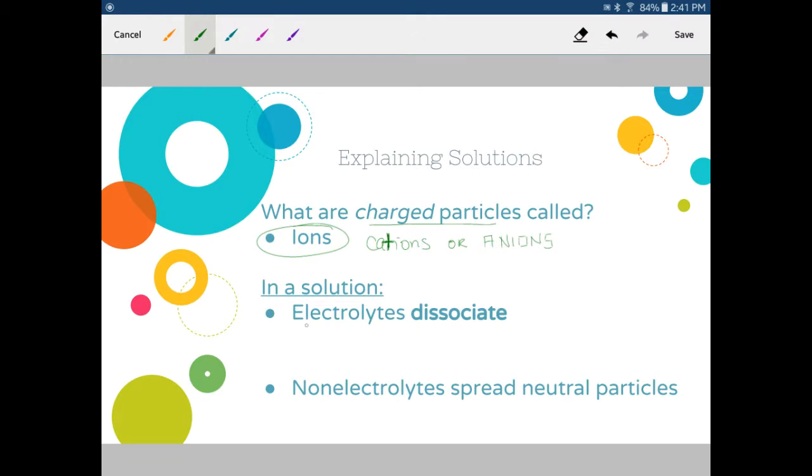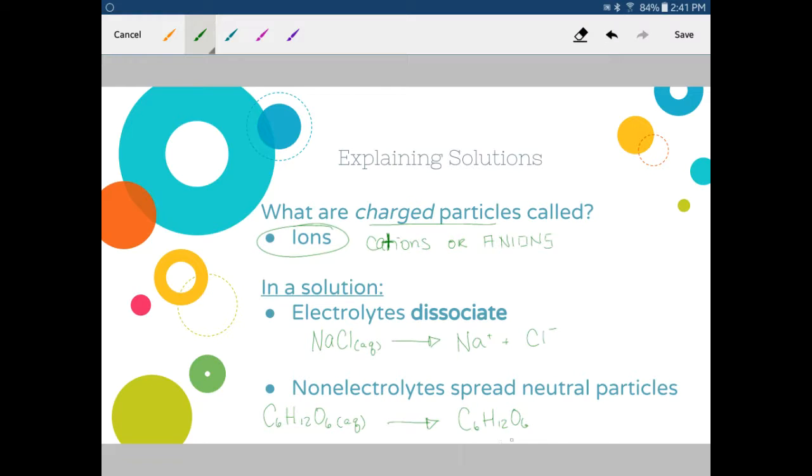So in a solution, electrolytes dissociate. So we have something like sodium chloride, and in water, we say aqueous, we get sodium and chloride ions. Whereas with non-electrolytes, we just spread our neutral particles. So if I have something like glucose or sugar dissolved in water, I just get individual sugar molecules.